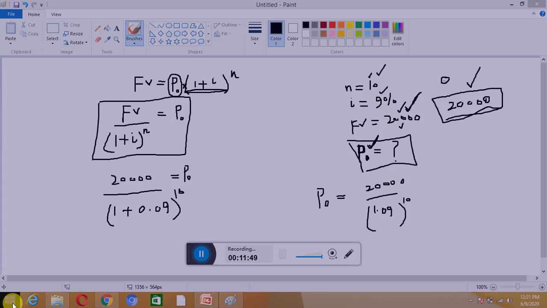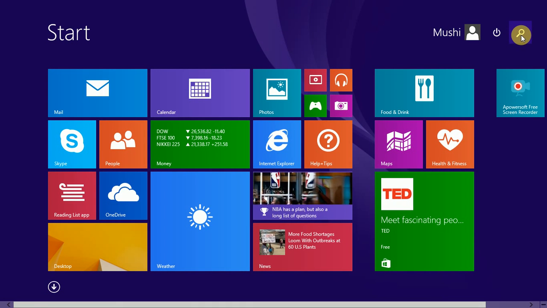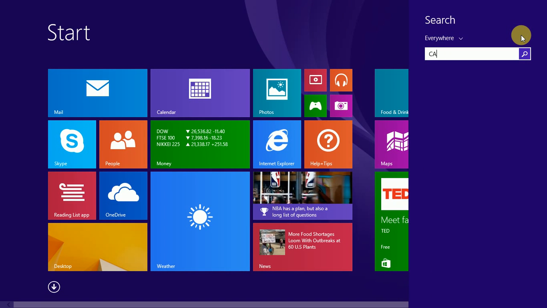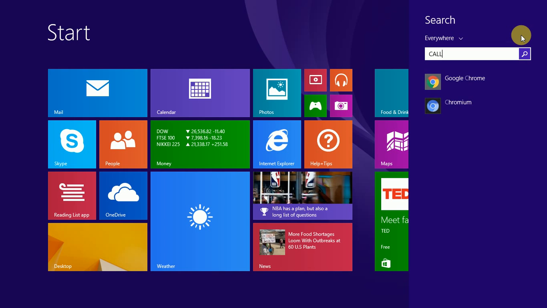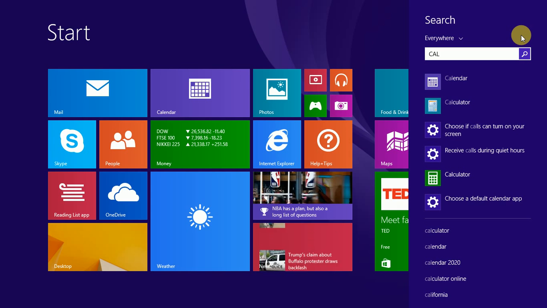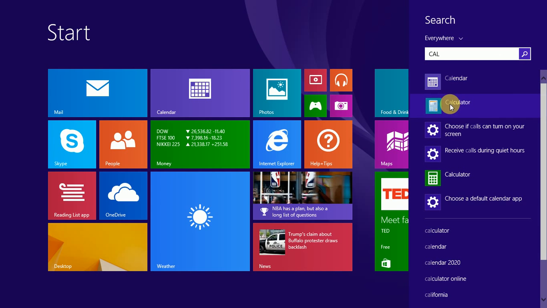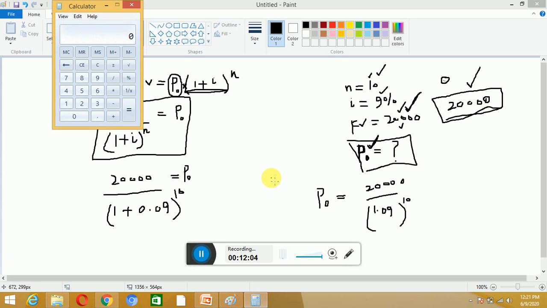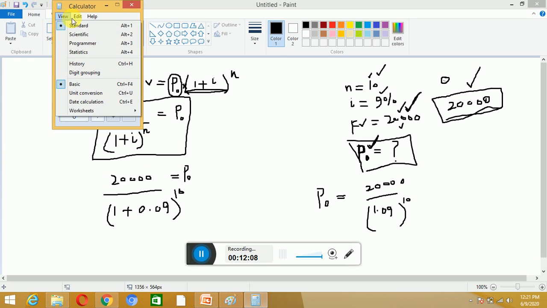I will check if a calculator is available here. I will check whether it is scientific or not. Standard, this is scientific.